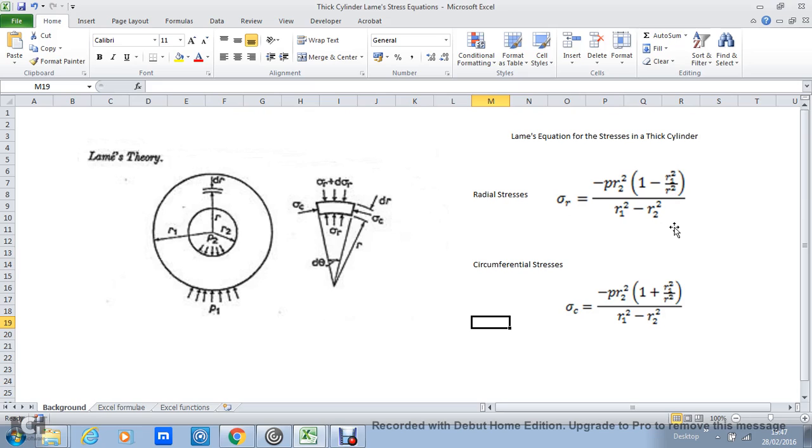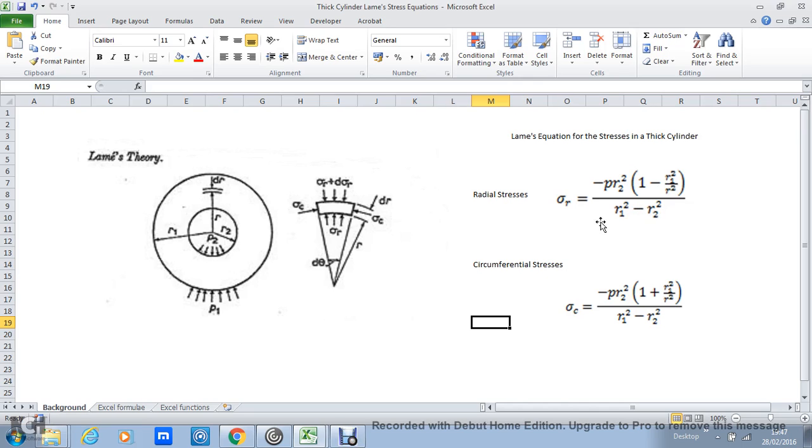If you examine the formula here, you see you have P for pressure, the internal pressure. R2 is the inner radius, and that's squared, times 1 minus R1 squared, that's the outer radius, and then we have small r in here. Then that's all divided by R1 squared minus R2 squared.